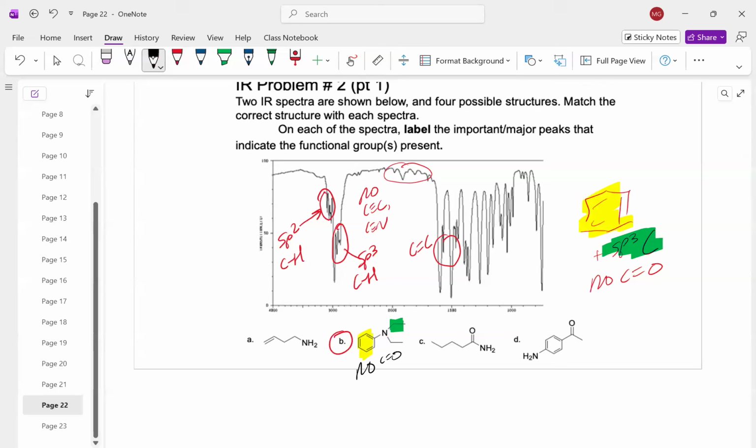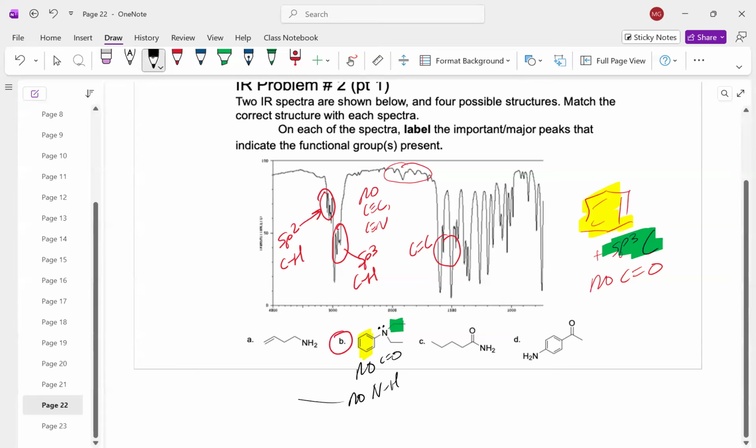Now you look at that and say, well, wait a second, there's a nitrogen there. Shouldn't there be an NH bond? Well, look at that type of nitrogen. Remember, nitrogen's happy with three single bonds to it, six bonding electrons, and one lone pair. So there's no NH bond, and that's fine.